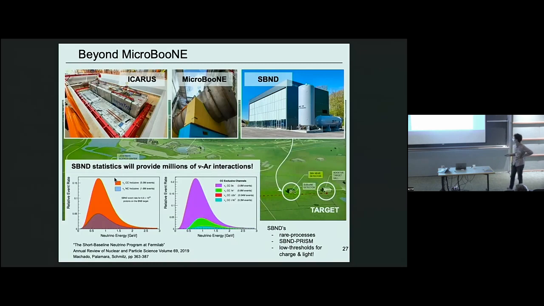As Ornella pointed out, it really means millions and millions of neutrino interactions, which means lots of exciting measurements on many different fronts. Things I'm particularly excited about with this program are the rare processes that you'll be able to probe with good statistics, SBND PRISM as a concept, and on the detector side, the even lower thresholds for both charge and light compared to MicroBooNE that SBND will bring to the picture.